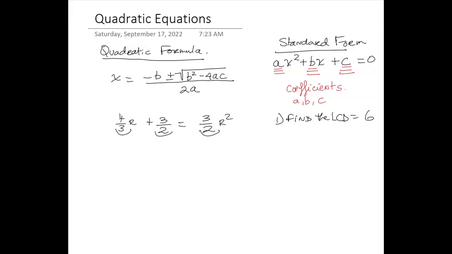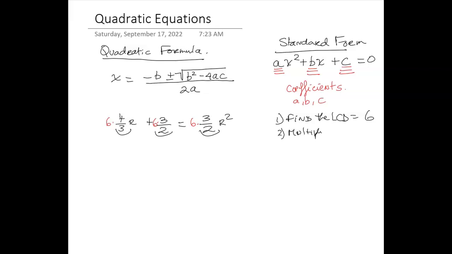What do I do with the 6? I multiply all the terms. We have 3 terms, and I'm going to multiply each of them by 6. Let me use another color here. I'm going to multiply the first one by 6, the second one by 6, and the third one by 6.